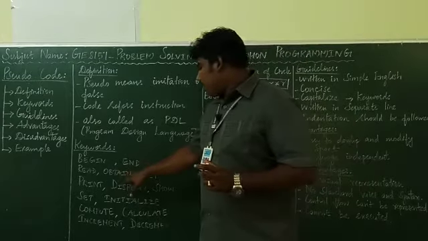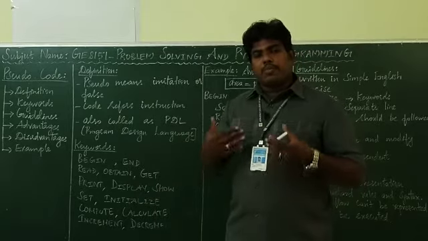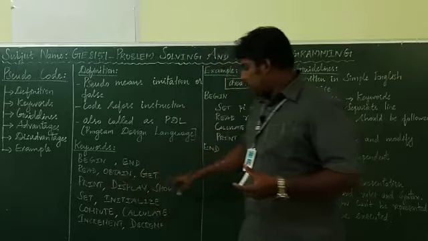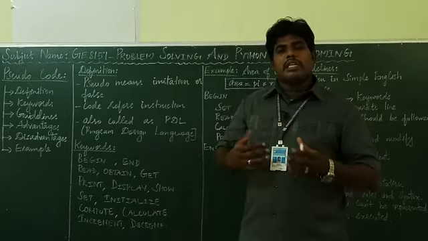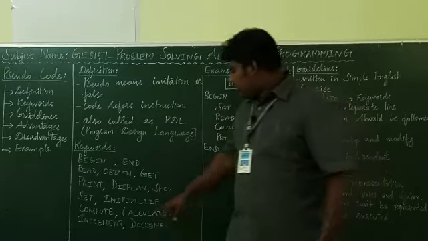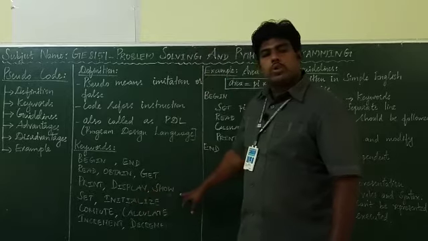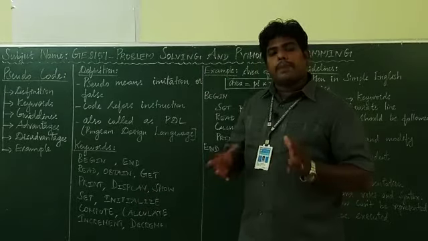These are the keywords used to get the input from the user through the program. Then for printing the output, or if you want to show or display the output, we can use PRINT, DISPLAY, SHOW. These are the words used to display the output, or if you want to print anything.